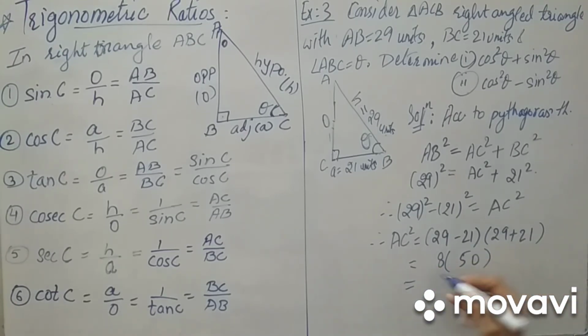So, what are you getting? 400. AC square is 400. It can be factorized as 2 square into 10 square, or directly you can write it as 20 square. Remove the square, so it is equal to 20. We got AC as 20 units.